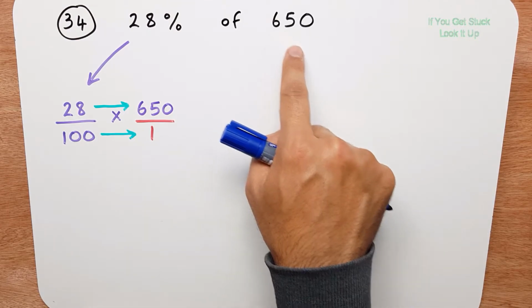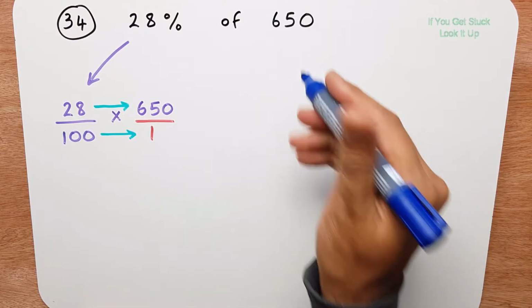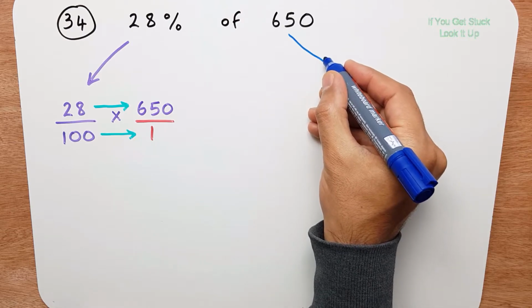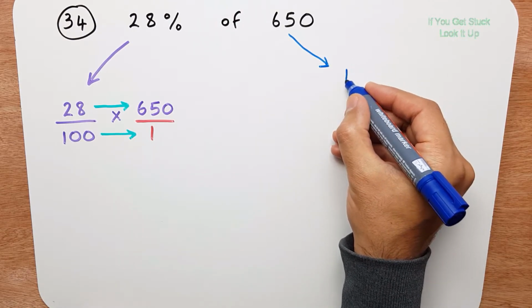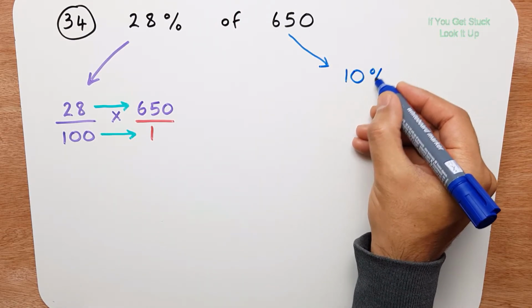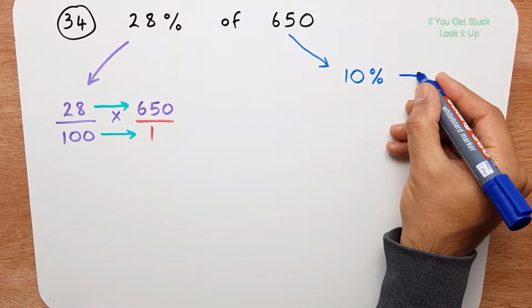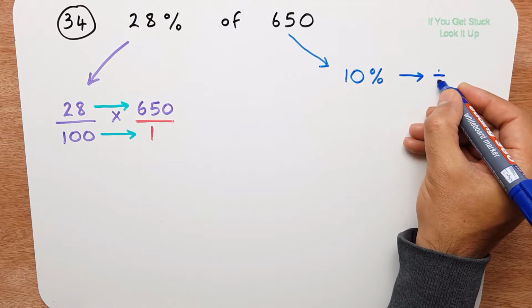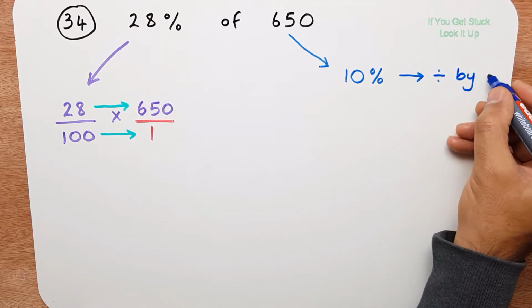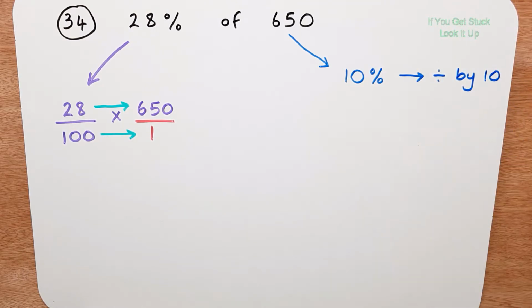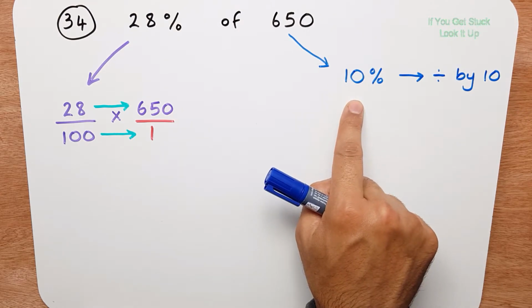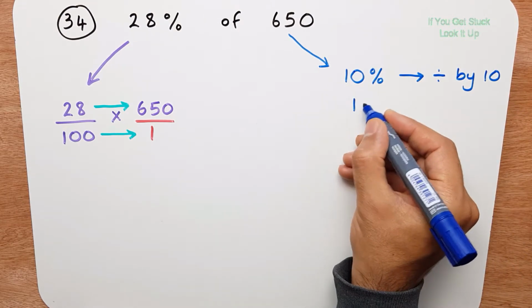Now the other route I can go down, which we'll work out, is to work out 10%. And how do we work out 10%? We divide by 10. Now one other trick we need is to work out 1%.